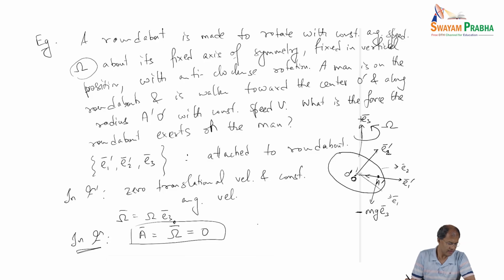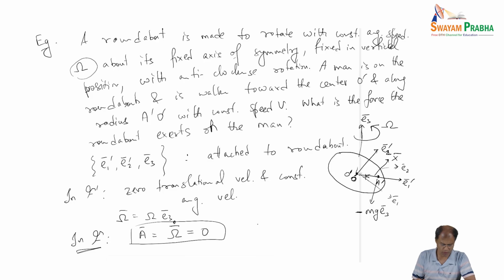And then let us say the roundabout exerts a force due to Newton's third law. Because of the weight of the man, it is going to exert some force. We don't know what is the direction of the force, so let us call this force x. It's just a vector.